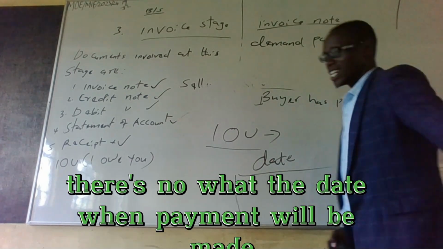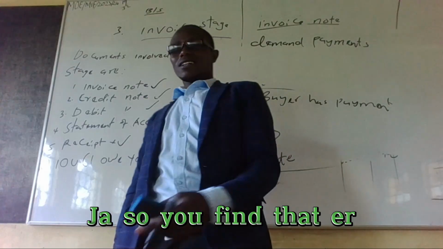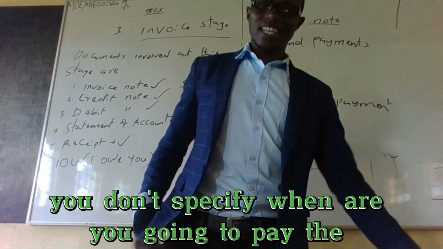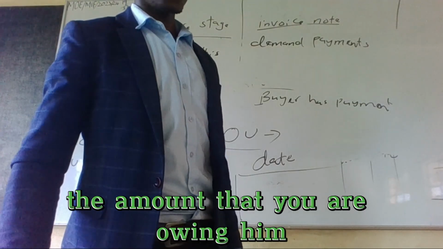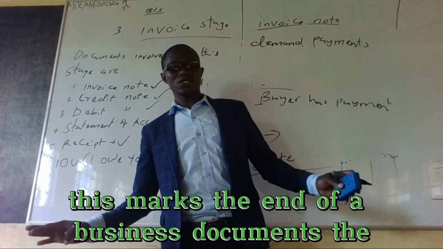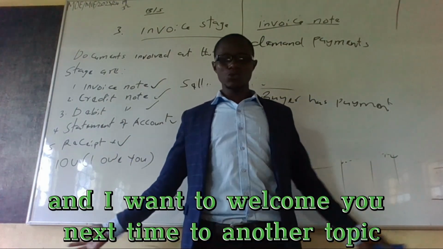You don't specify when you are going to pay the seller the amount that you are owing him. This marks the end of business documents at this stage of invoice.